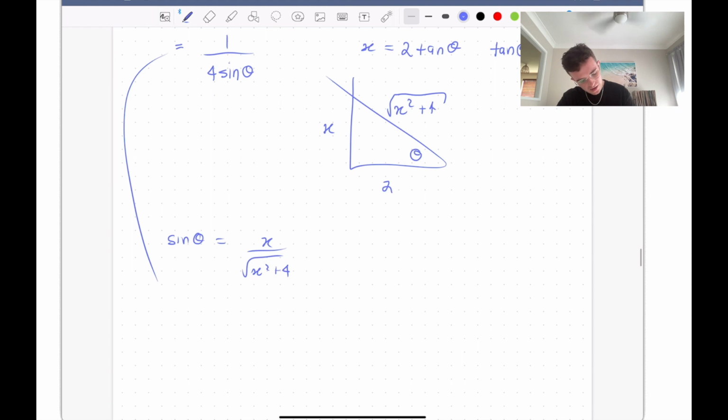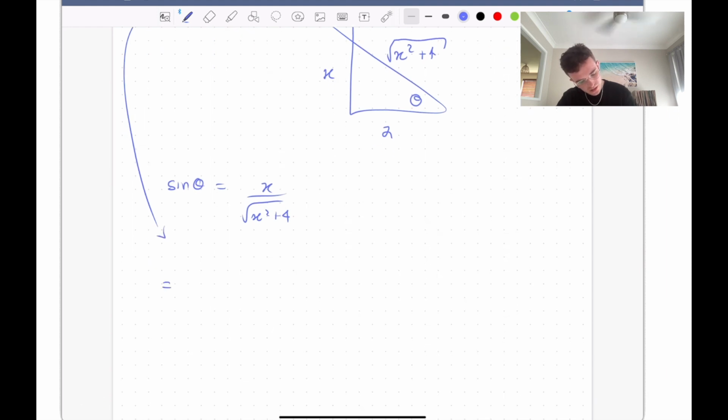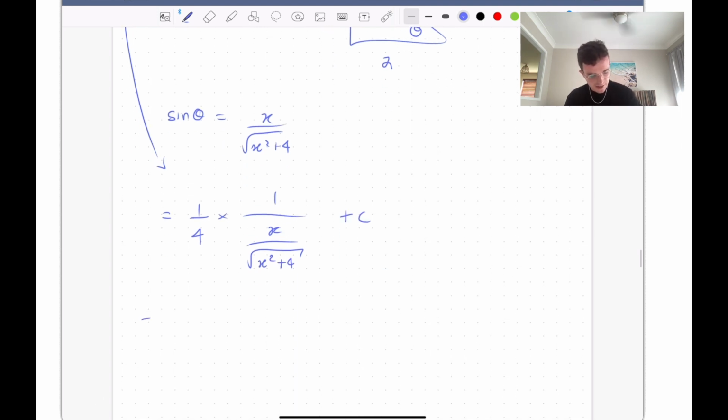So we're going to use that and go that my integral is equal to 1/4 times by 1 over x over the square root of x squared plus 4, and of course plus c. Now that's nice and easy. That is just the square root of x squared plus 4 on 4x plus c, and then we had a little minus out the front. So that's our answer there. Alright, thanks for watching.